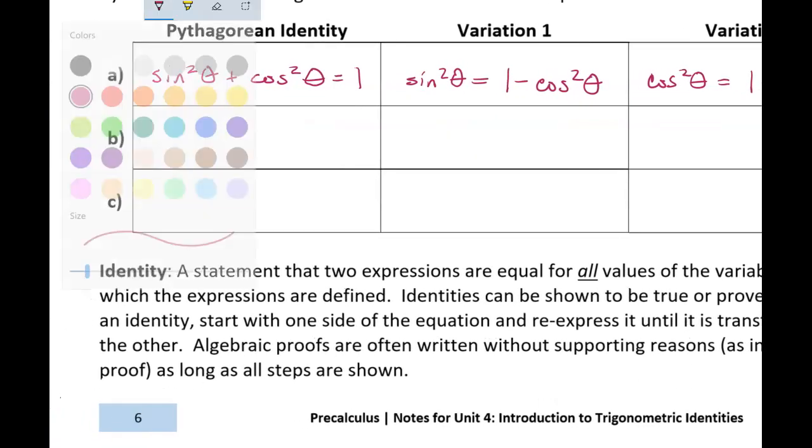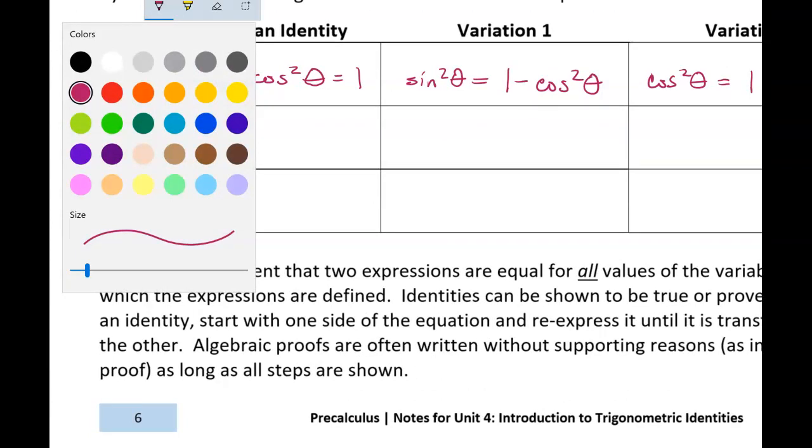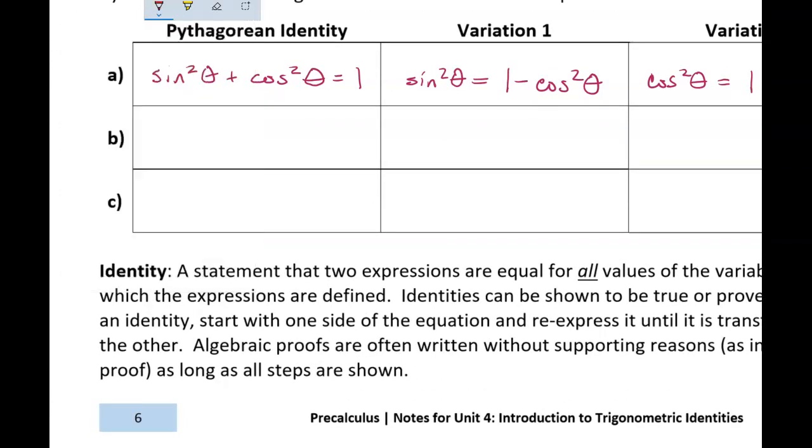Now let's create our other two variations. The first variation is formed by taking this original Pythagorean identity and dividing everybody through by sine squared. So sine squared over sine squared is 1. Cosine squared over sine squared is cotangent squared. And 1 over sine squared is cosecant squared of theta.